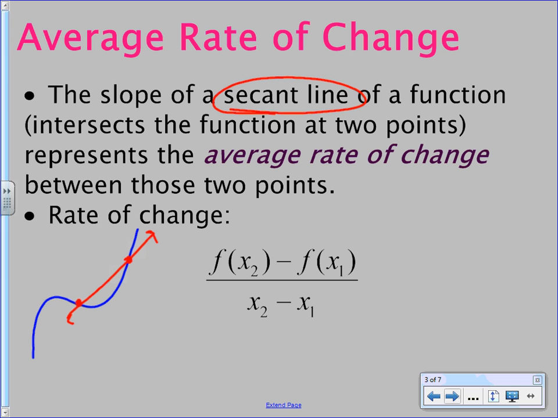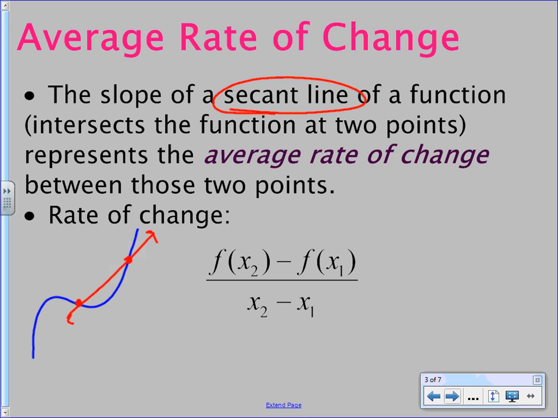So the average rate of change, we cannot determine a rate of change for a function that is not linear because it doesn't have slope, right? But we can look at the average rate of change.